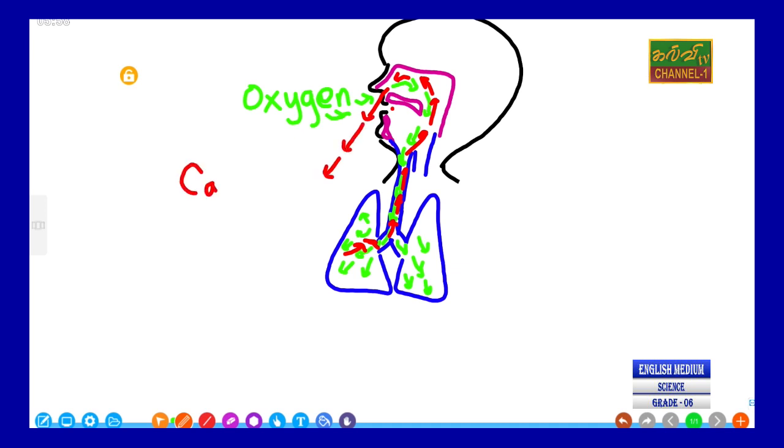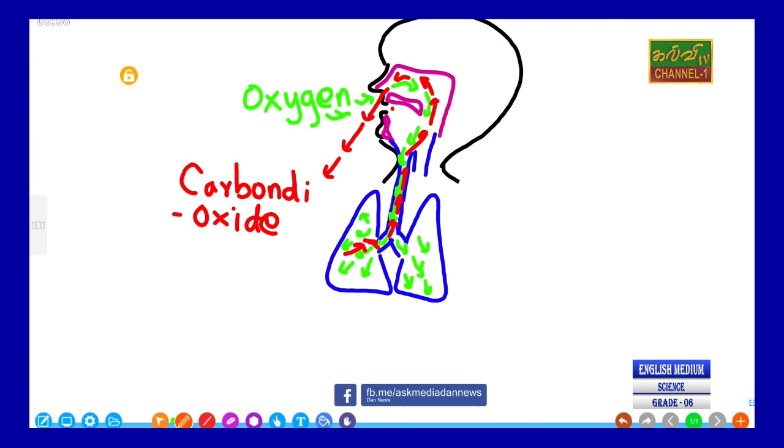Plants and animals show this respiration. Not only animals, plants also show some respiration.